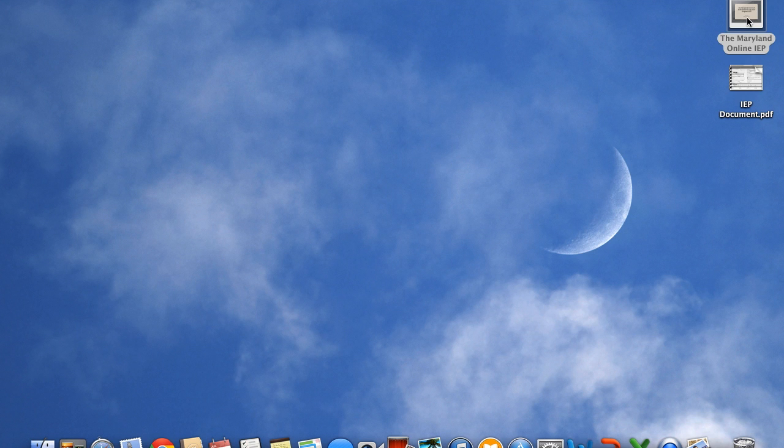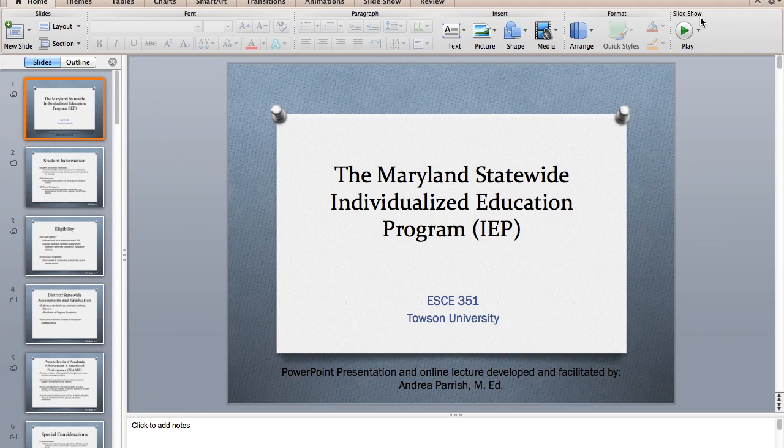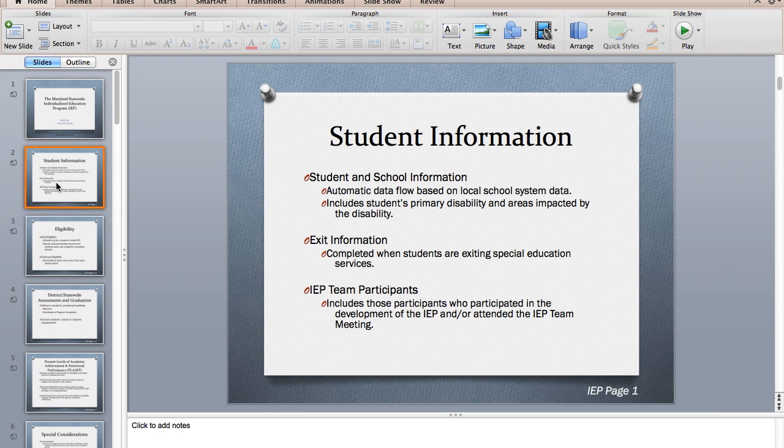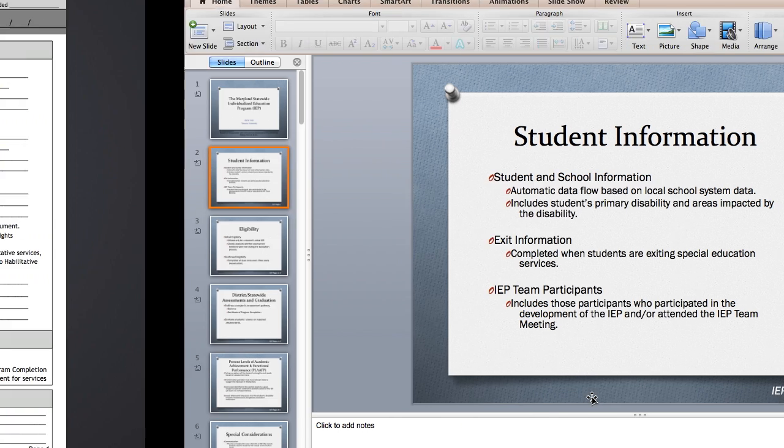During the course of this lecture, we'll be utilizing 2 resources that are both available to you in the online module. One is the Maryland Online IEP PowerPoint presentation that looks like this. This PowerPoint presentation has some basic information about each section of the IEP document. You'll also notice on each of the slides that you'll find a corresponding page number that will tell you which page of the IEP this slide is referencing so that you can follow along.